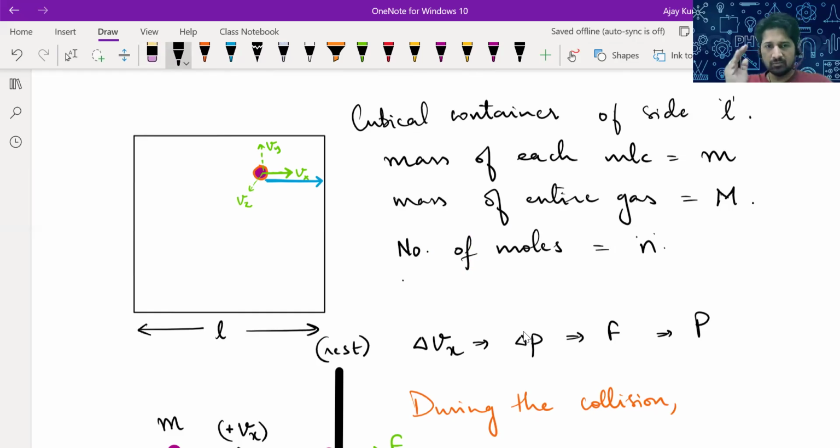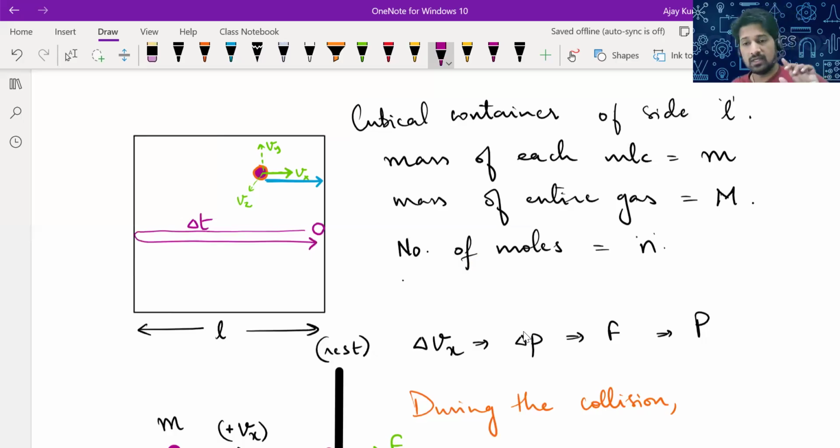Let's say the molecule has just undergone a collision somewhere here. Now, for it to collide with this same wall again, it will have to travel a distance L backward and again a distance L forward. And for that, it takes some time delta t. After that much time, it will again hit this wall.